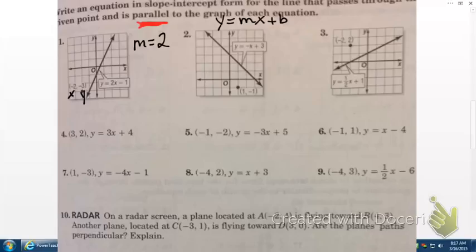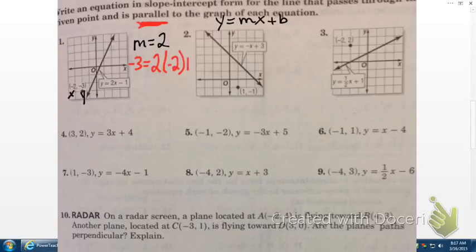Does everybody see that? So for y, I inserted a negative 3 right here. For my slope, what am I going to insert? 2. For my x, what am I going to insert? Negative 2.